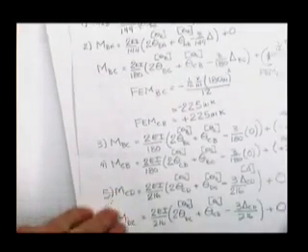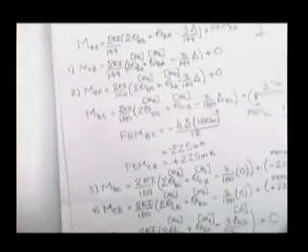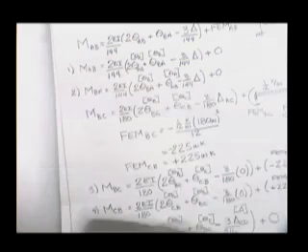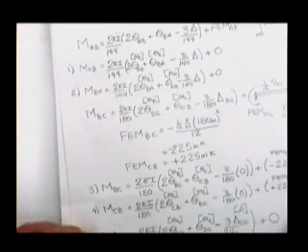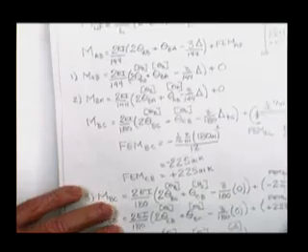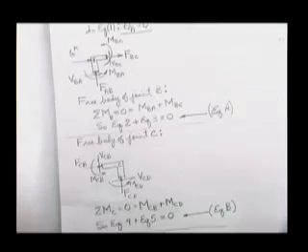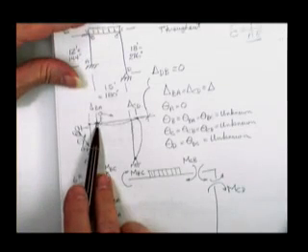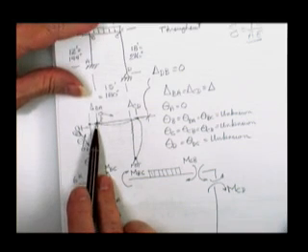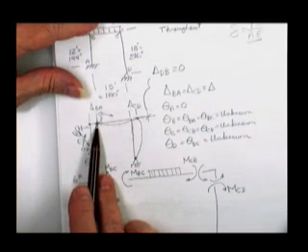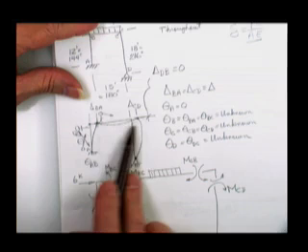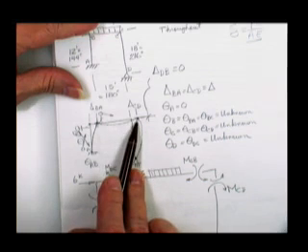Now let me see about that delta BC thing. How much in this structure does this point move down with respect to that point?